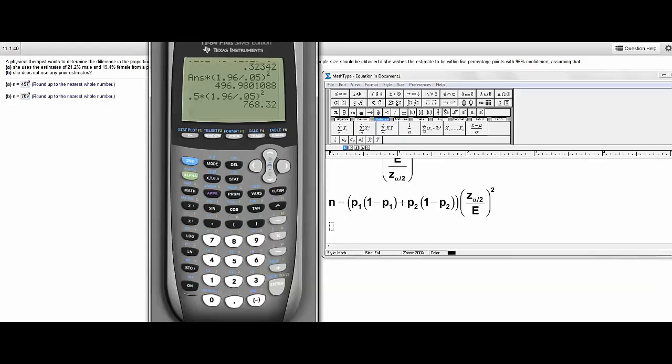Okay, so that means I round up, so 769. So in other words, worst case, I need to talk to 769 people to get that 5% margin of error.